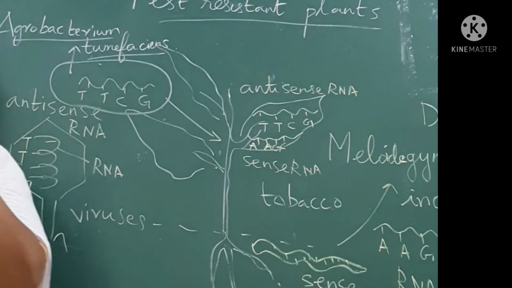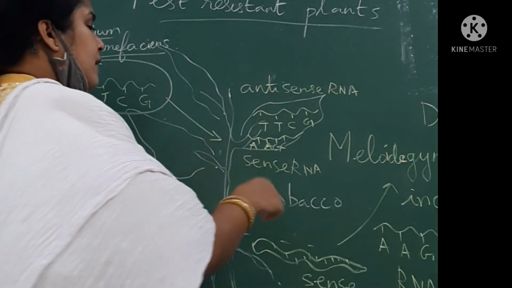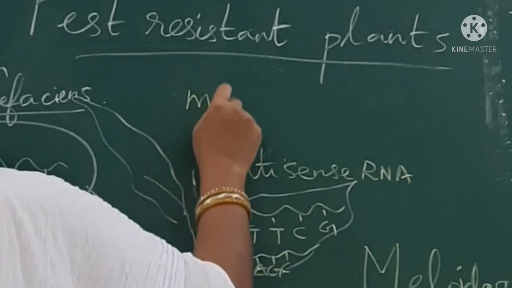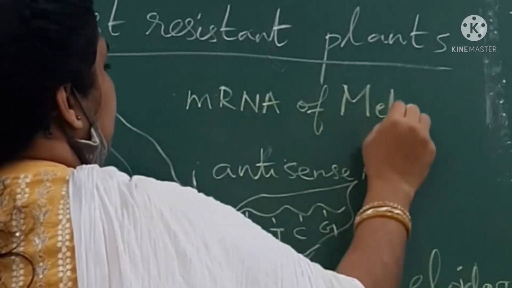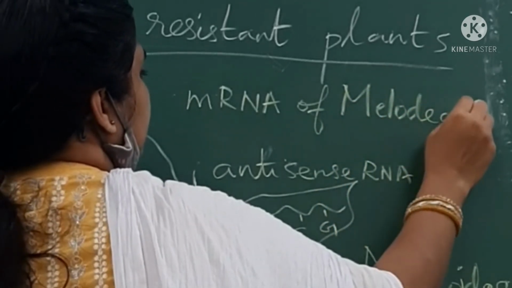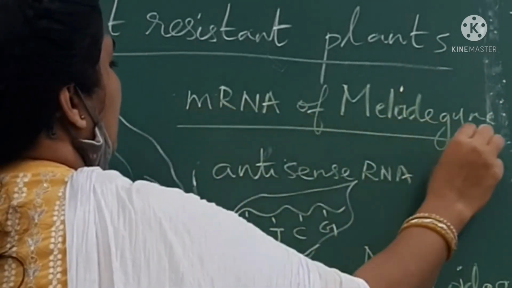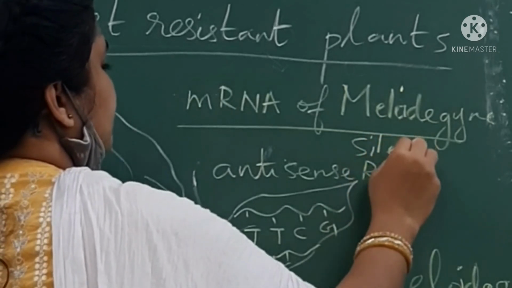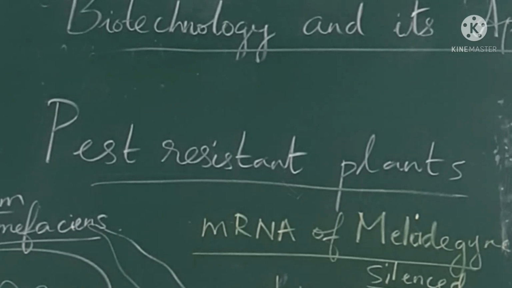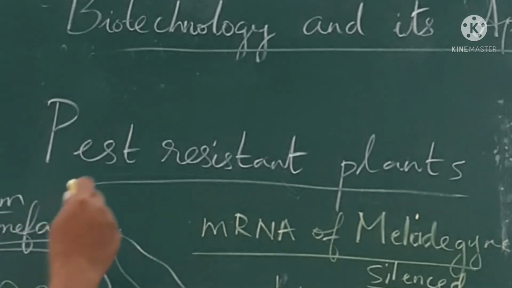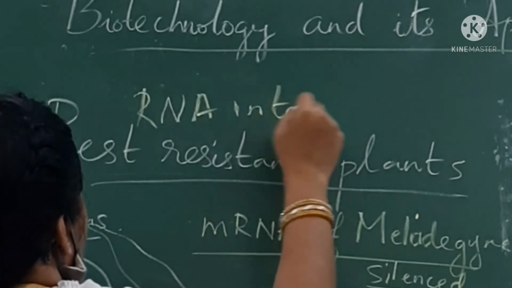So there will be pairing between antisense RNA and sense RNA, and because of this pairing, the mRNA of Meloidogyne got silenced. This method of silencing is also called RNA interference. Usually questions are asked on this topic, RNA interference.